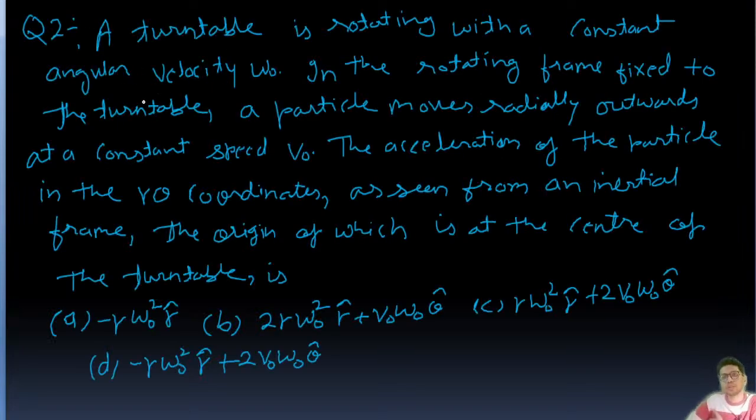A turntable is like the shape of a CD or DVD, right? So a turntable is rotating with constant angular velocity omega naught. The angular velocity is given as omega naught.